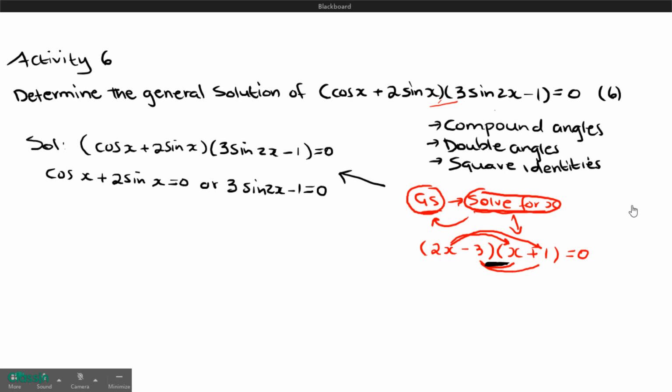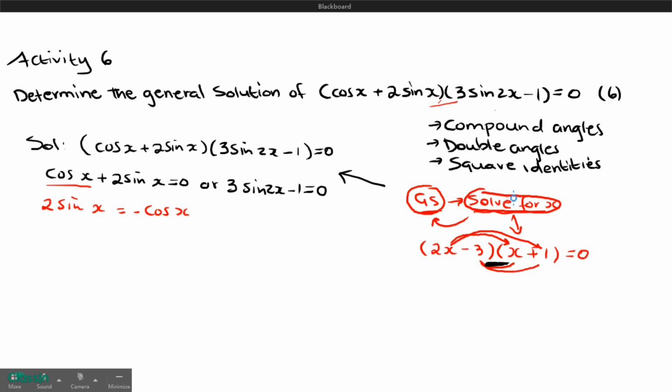Now, once you are done with this, it means that we are going to send terms to the other side of the equal sign. Let's take cos x to this side of the equal sign. You'll be left with 2 sin x equals negative cos x.